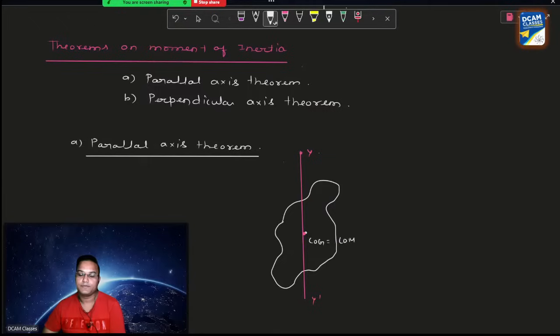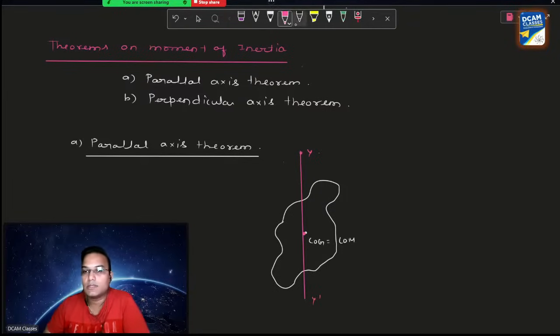Both are same. There are several results for finding the moment of inertia of a body about center of gravity. You will learn how to find it for a uniform body using integration also. But for now, just remember you will have the results of the moment of inertia of a body about the center of gravity.